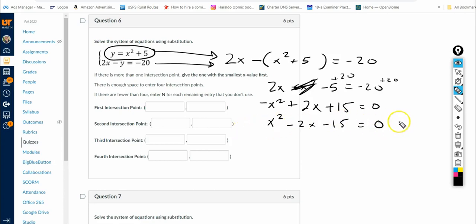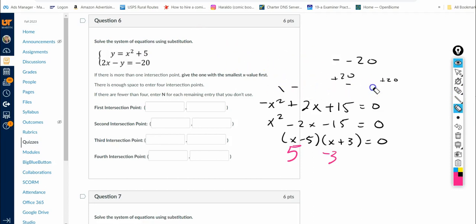Now I can solve this if I can factor it. Two numbers that multiply together to give you -15, but at the same time add up to give you -2: -5 and +3. So my solutions are x is 5 and x is equal to -3. That will make the whole thing 0.